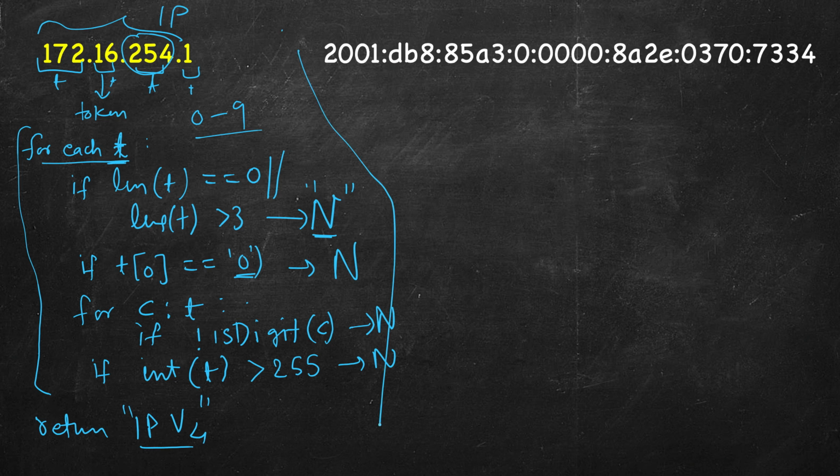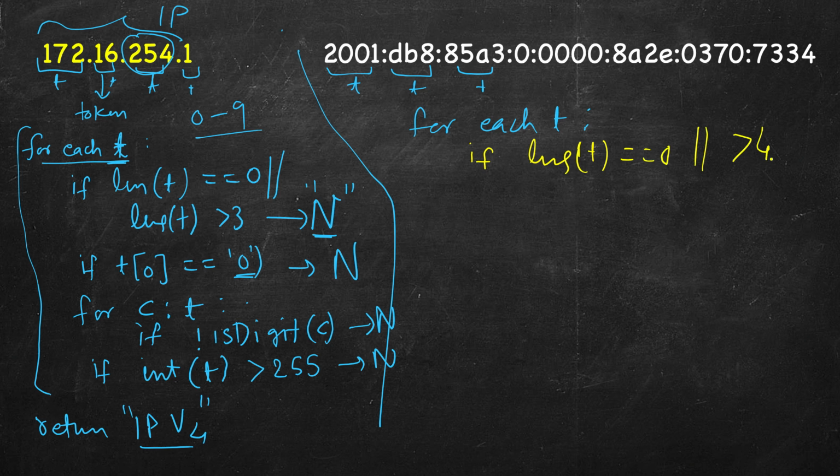Similarly, let's write the cases for IPv6. Again we will split it into tokens. So these are the tokens T. So for each T, we will check if length of T is equal to 0 or more than 4, we return neither. So here the length can be maximum 4, it cannot be 0, it cannot be empty.